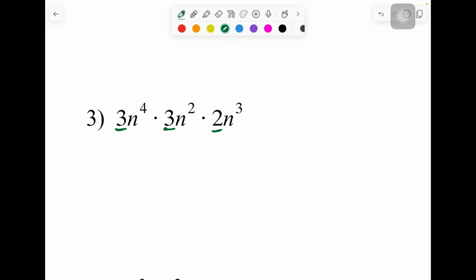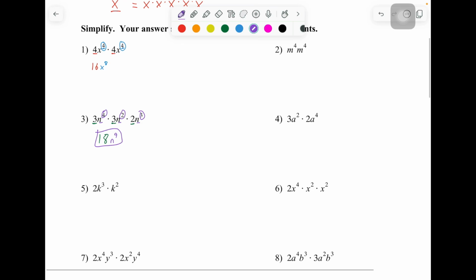So 3 times 3 is 9. And then 9 times 2 is 18. So I'm going to write down an 18. And then I look at my variables and the exponents. They all have an n, right? So I'm going to look at the numbers on top, 4, 2, and 3. I'm going to add those up. So 4 plus 2 is 6. 6 plus 3 is 9. So I have n to the 9th. And that's it.